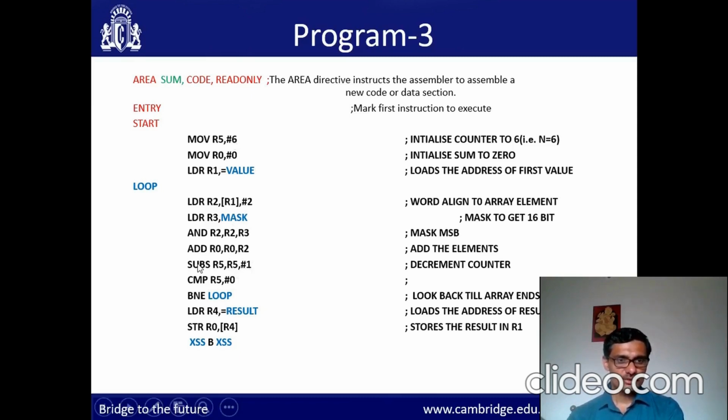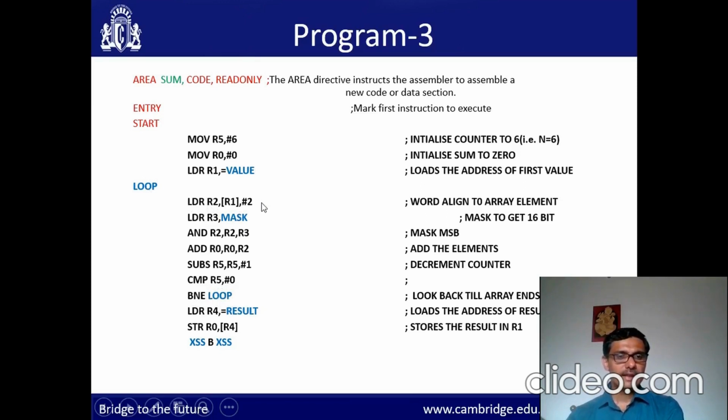Now after the execution of this instruction, it becomes 5. So the new value of R5 is 5. You compare whether R5 is 0 or not. That is, you are checking whether you have reached the last number or not. If you have not reached the last number, in other words if R5 is not equal to 0, then loop. That is, conditionally jump to this instruction again.